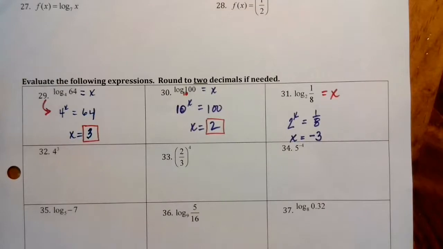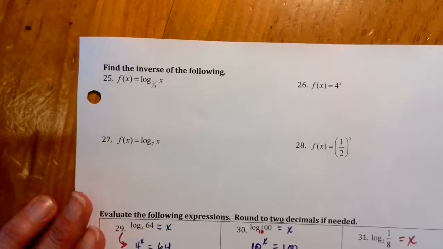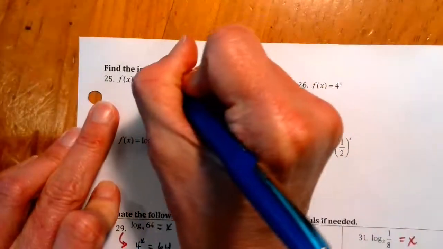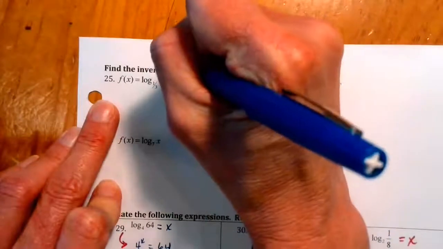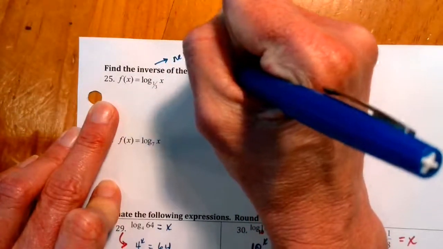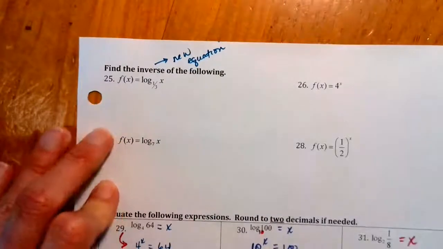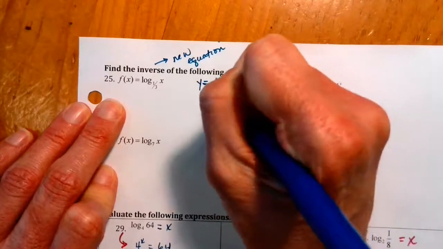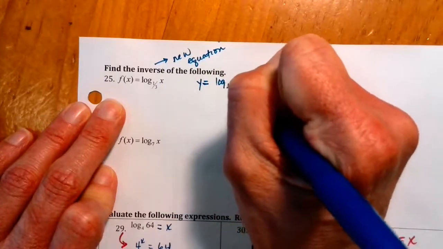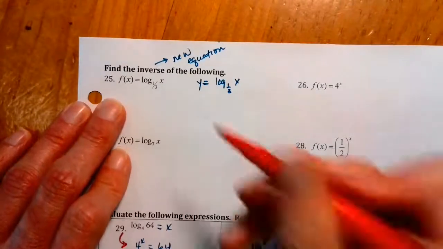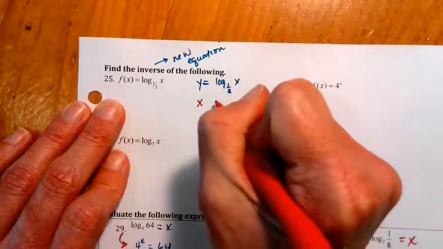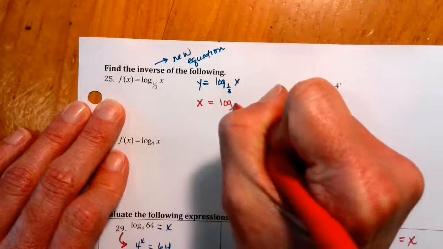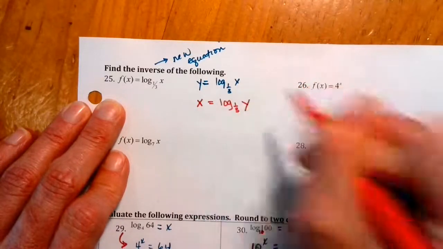All right, so we're going to keep moving on and look at this last page that we have for logs and inverses. When they ask you to find the inverse, it's actually a new equation. It's a new function that we are creating by swapping our x's and our y's. So if I have this equation here, y is equal to the log base 1/3 of x, my inverse happens when I swap my x and my y.